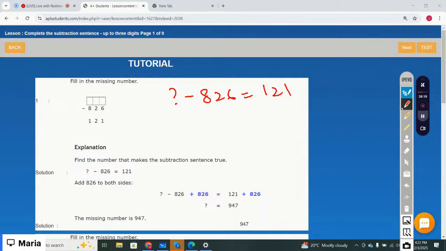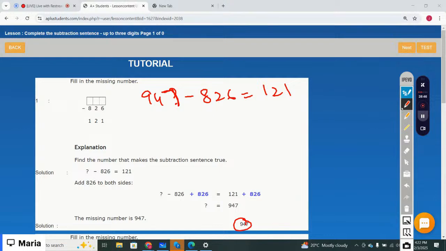So how do we find the other number? You need to add, opposite to subtraction is addition. You need to add 826 both sides. So when you add 826 both sides, the missing number is 947. So that means this number is 947.